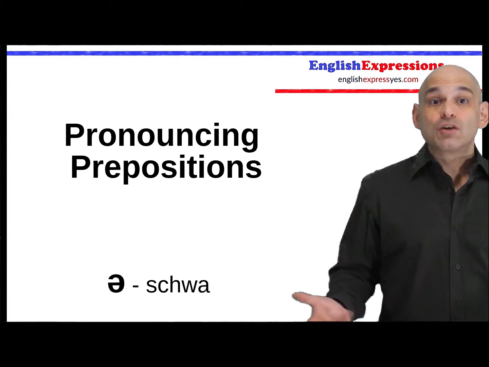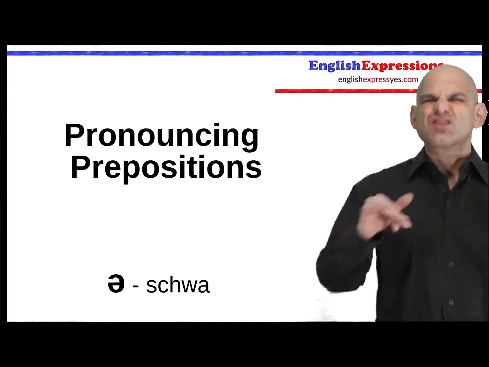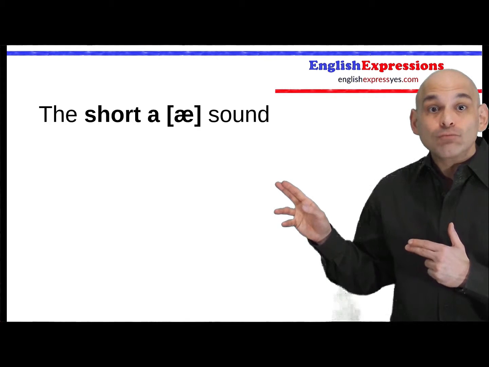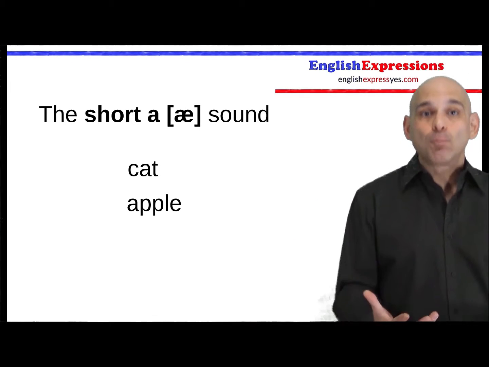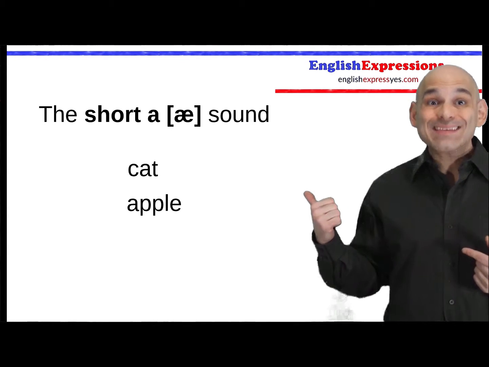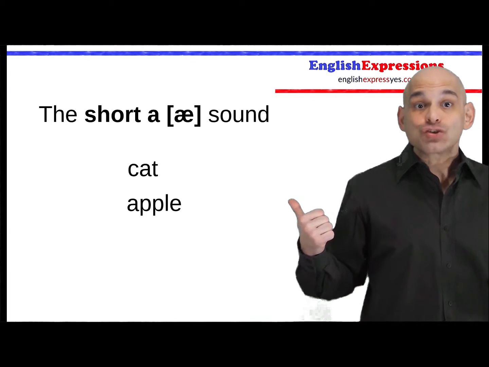Not all native English speakers use schwa for all function words, but the main ones we're going to study today. Okay, now, the short A sound. You can hear the short A sound in words like cat or apple, okay? And the short A sound is in many function words, many prepositions.